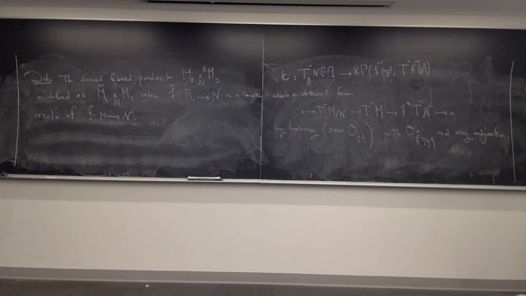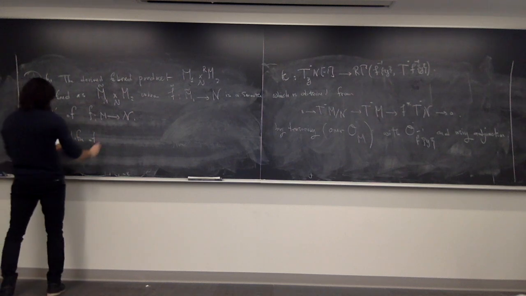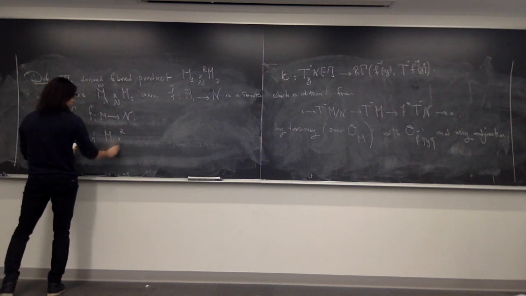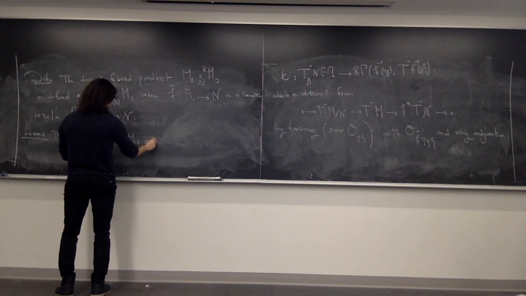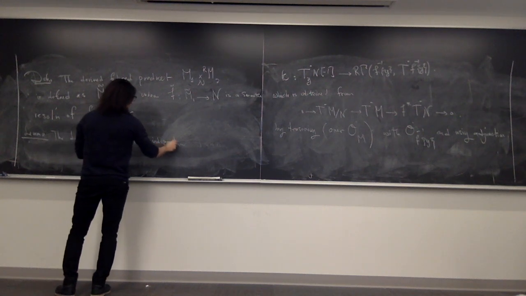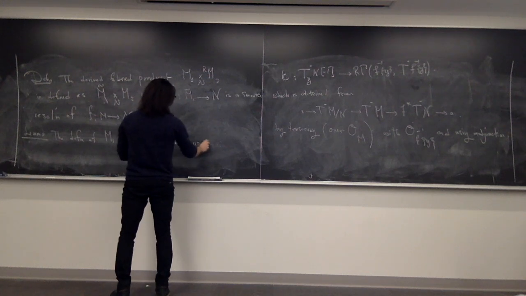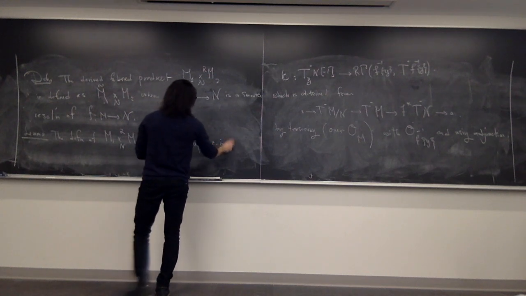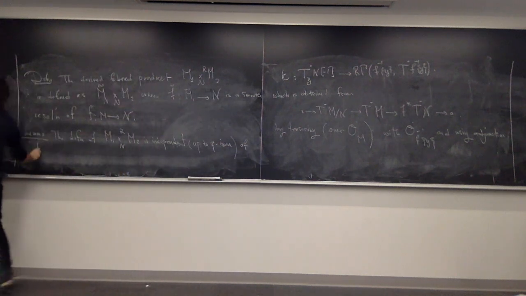Now, so there is a lemma that the definition of M1 derived fiber product over N with M2 is independent, up to quasi-isomorphism, of the choice of resolution.